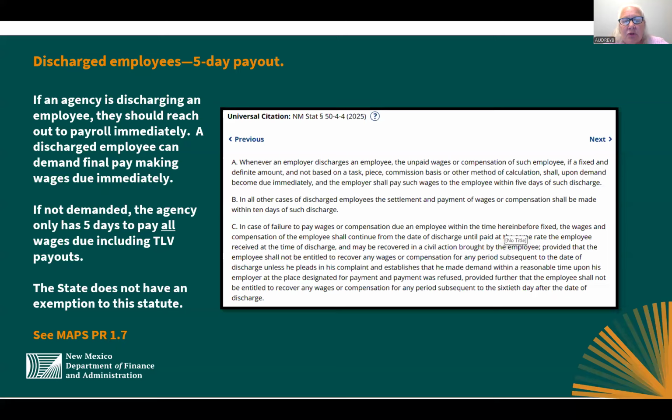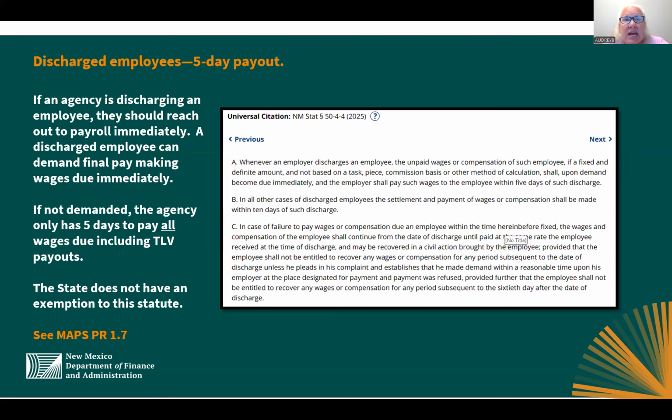Now, as most of you are aware, we cannot do manual warrants during the payroll cycle. So if payroll is running for the state, we cannot stop and do a manual warrant. What payroll does is they input the information into the system and they will calculate the payroll check.